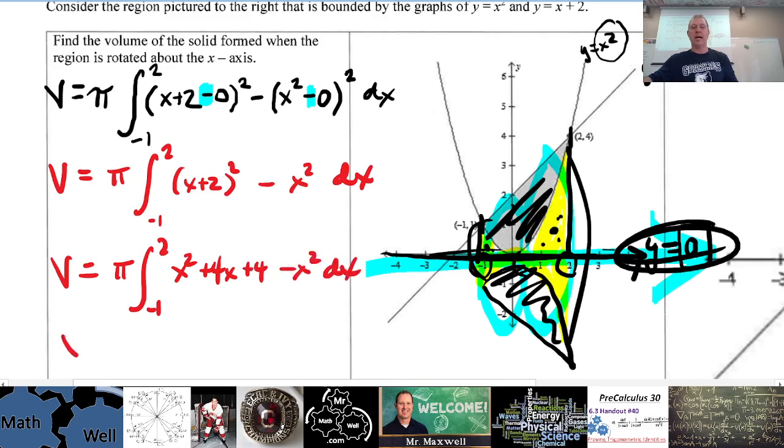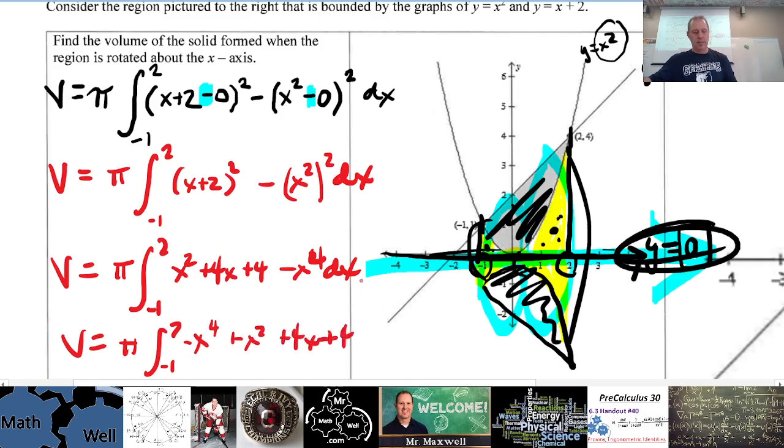Sorry, what did I do? Would it be like x to the 4 and the x squared? Oh, I see, I forgot to square this at the end. Yes, that's right, so this is going to be to the 4th. Thank you, you're right. So this is going to be negative x to the 4th plus x squared plus 4x plus 4. Now, if you didn't want to go that far, I'm totally fine with that.